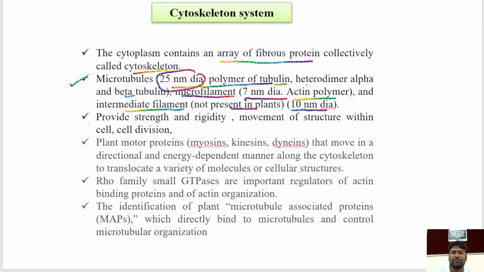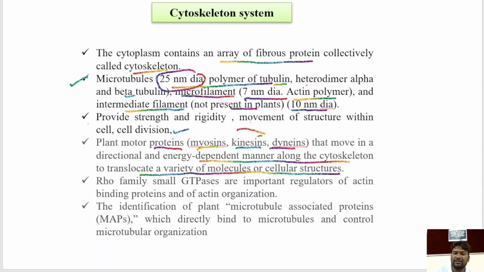This cytoskeleton provides strength and rigidity to cells, movement of structures within the cells, and also has a role during cell division. Some plant motor proteins such as myosin, kinesins, and dyneins move in a directional, energy-dependent manner along the cytoskeleton to translocate a variety of molecules or cellular structures.